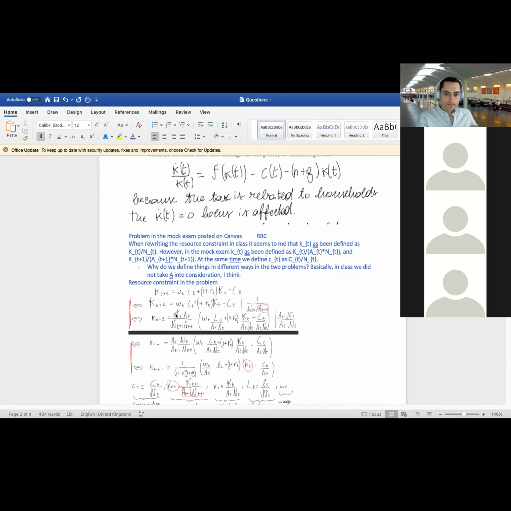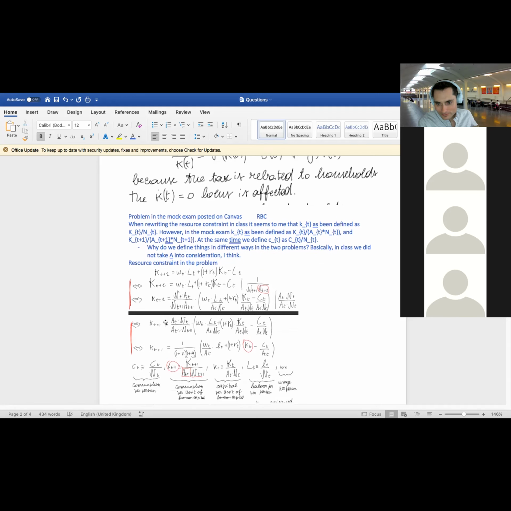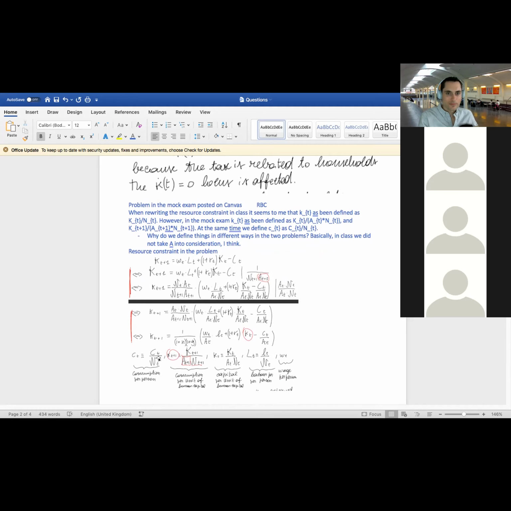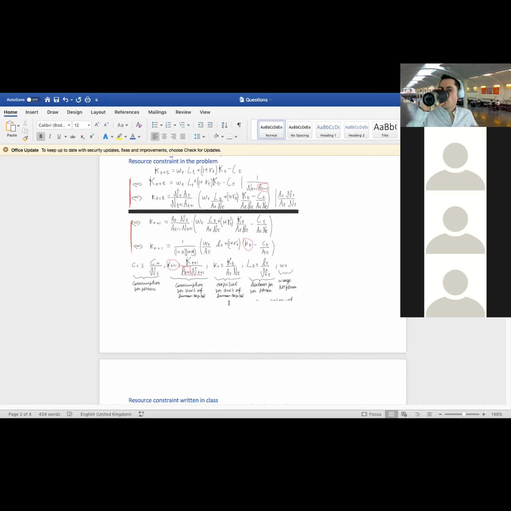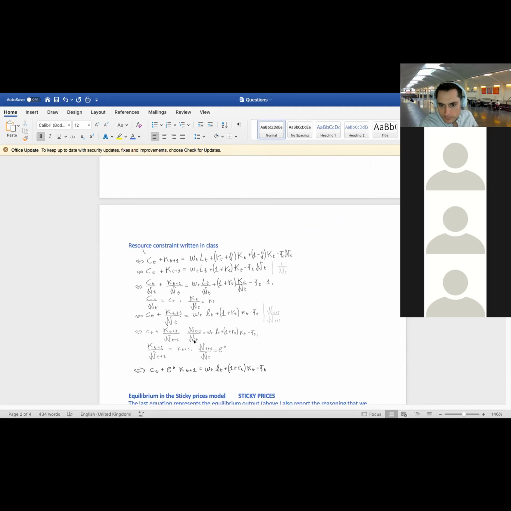Then about the budget constraint in the RBC model. In the mock exam, we had this budget constraint that we had to rewrite in order to plug it into the utility function in place of C. And in class, we did not consider this A. So there is no growth rate of productivity in class.